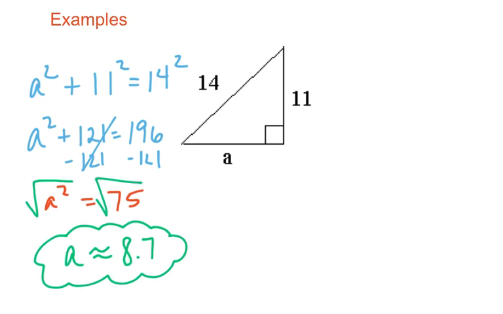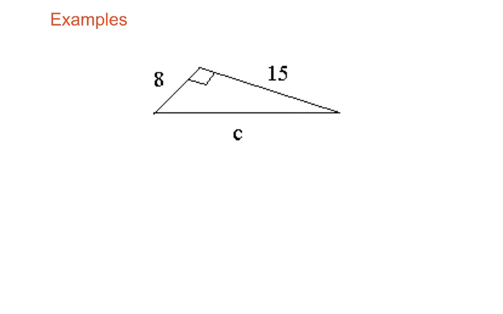One more before we get to the applications. Again, this one is finding the hypotenuse. So 8 squared plus 15 squared is equal to c squared. 8 squared is 64. 15 squared is 225.